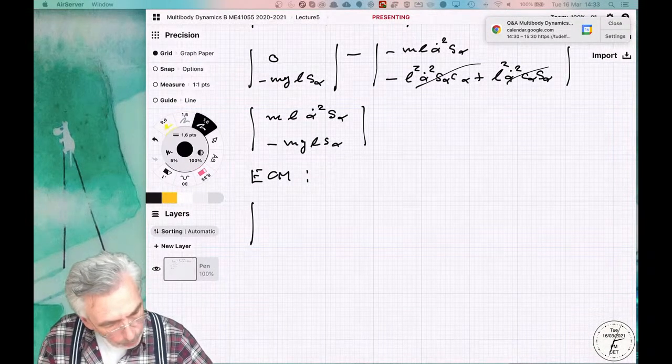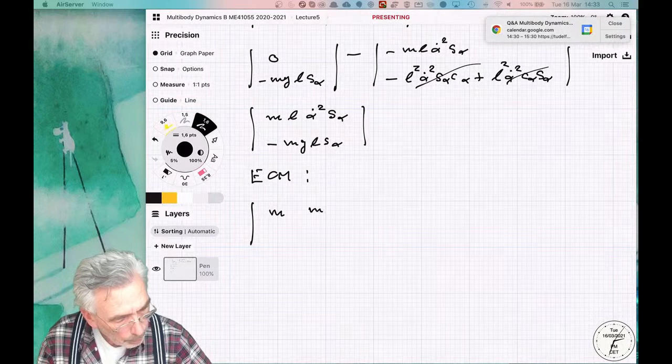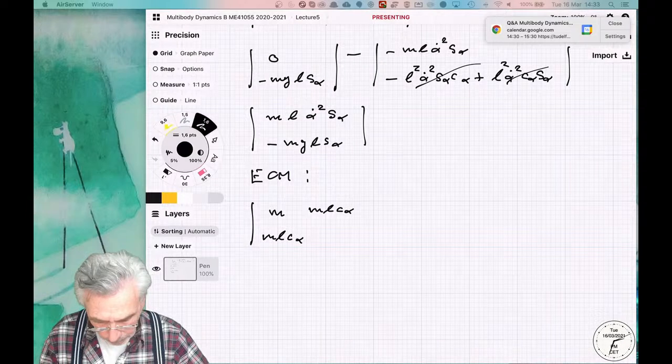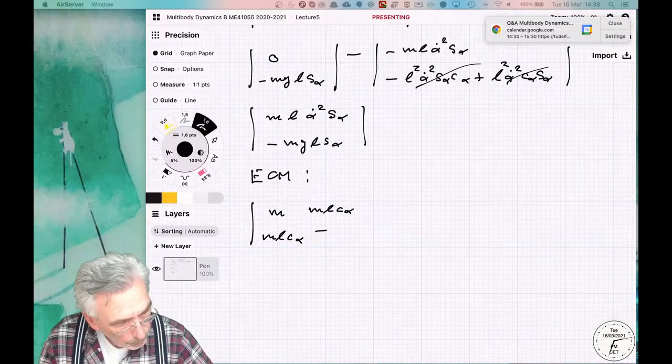Okay, so mass matrix: m, ml cosine alpha, ml cosine alpha, and then here we have I plus ml squared.